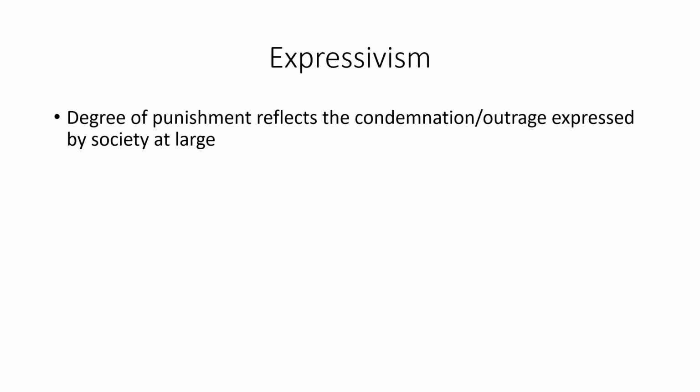The last justification for punishment is expressivism, or the expressivists' view of punishment, which is that the punishment we give reflects the level of condemnation or outrage expressed by the society.